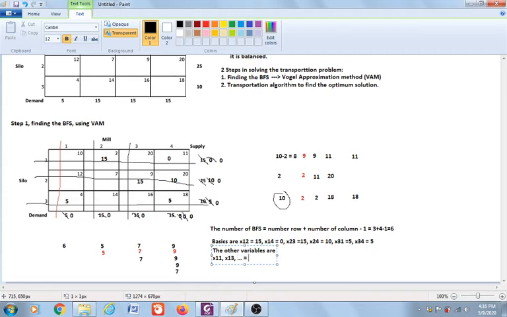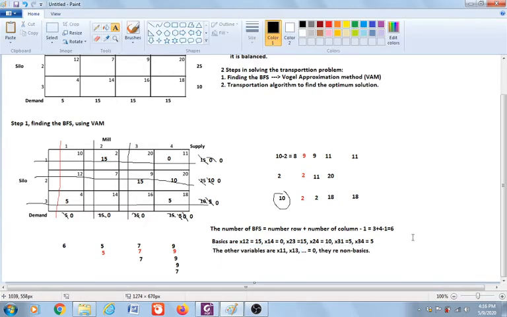Their values are 0, and they are non-basics. Okay, so this is step 1. This is just step 1. We are not done yet.